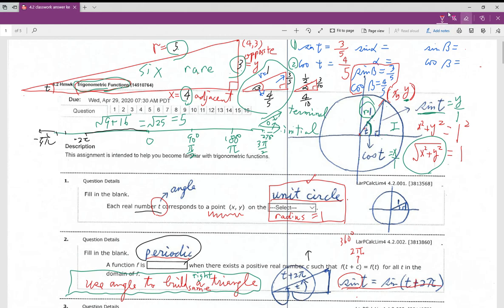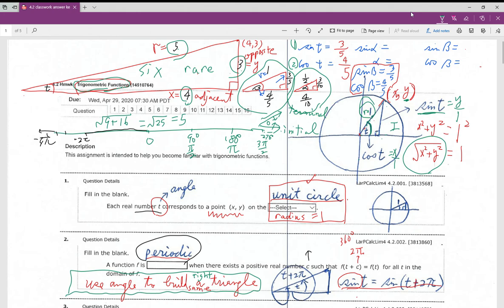Now let's take a look here. How about a smaller triangle? If I make the radius half, I divide by 1/2, which means I multiply by 2 in each side.